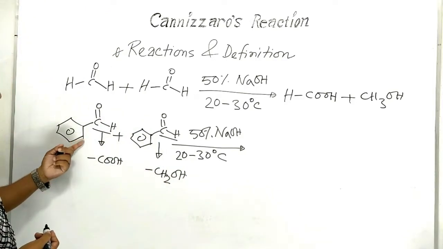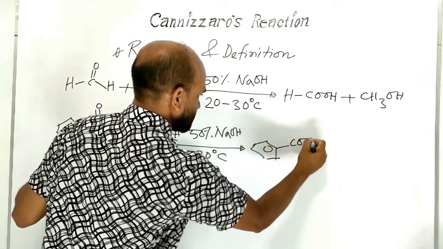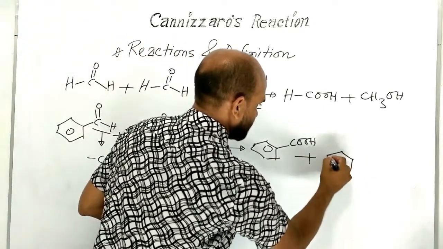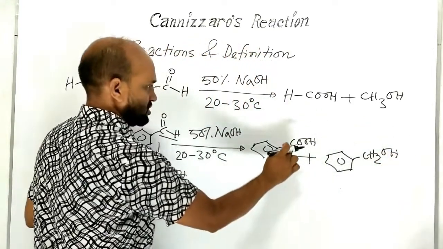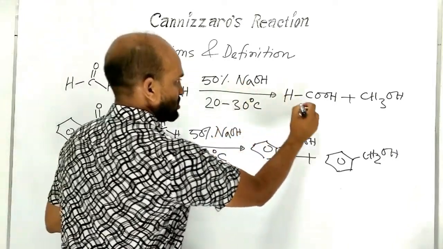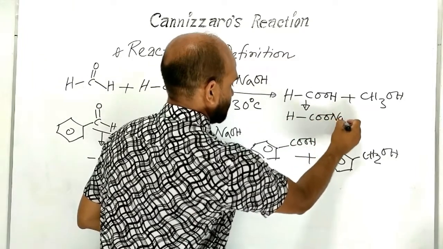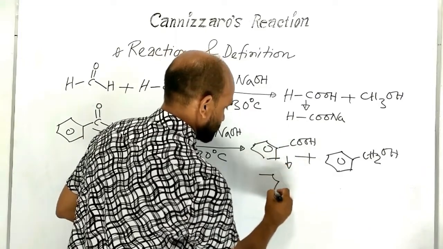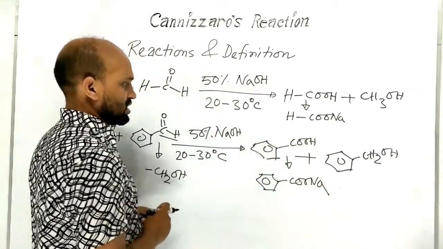Then this compound turns into benzoic acid and this one turns into benzyl alcohol. Here this acid reacts with this alkali, so it converts to the sodium salt of carboxylic acid. This acid converts to the sodium salt of carboxylic acid, reacting with this alkali.